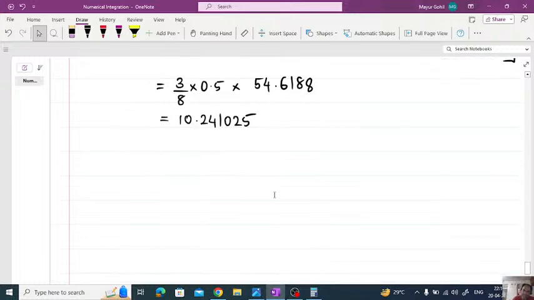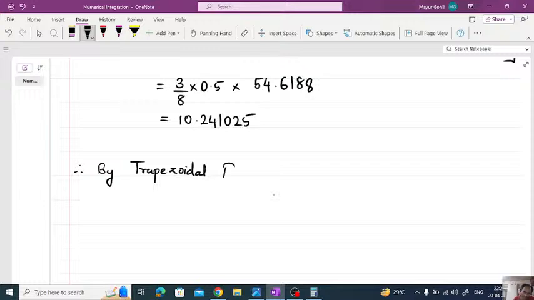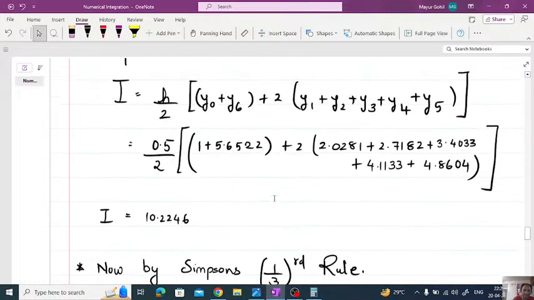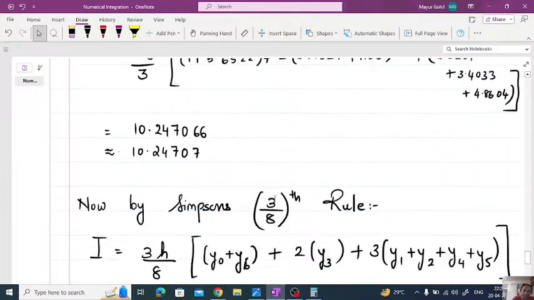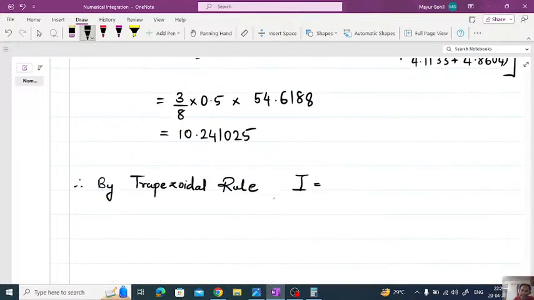So I'll sum up the answer. So therefore by trapezoidal rule, the answer is how much? The value of I we got was 10.2246.